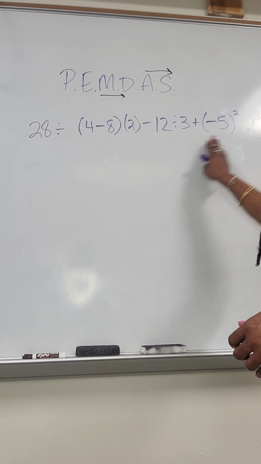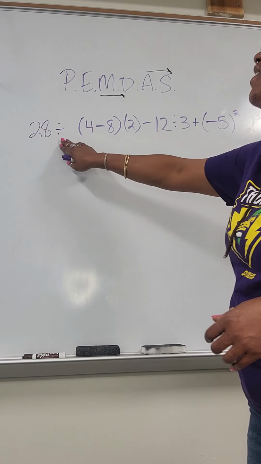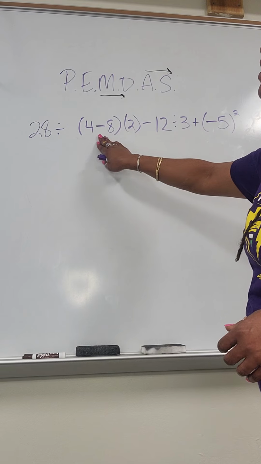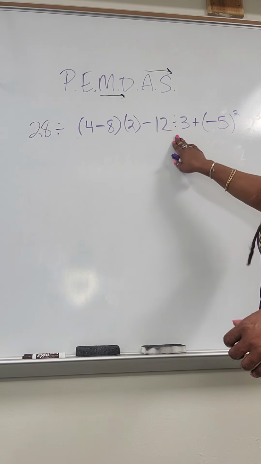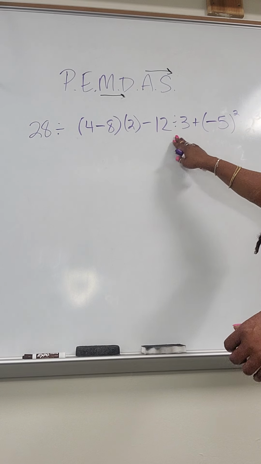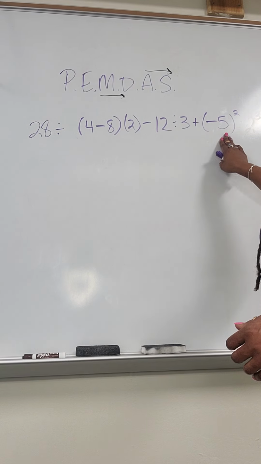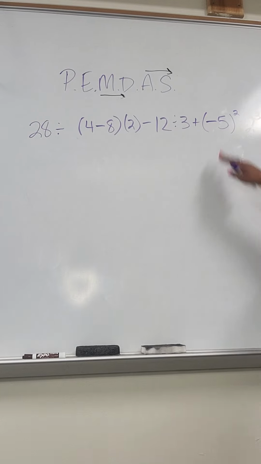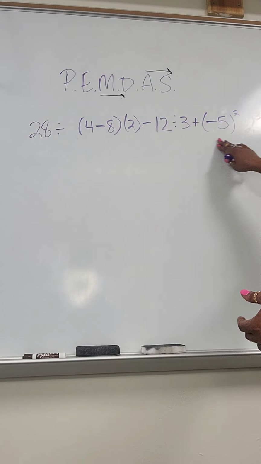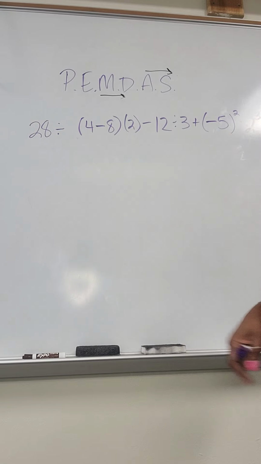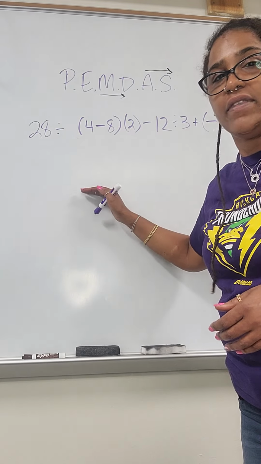Did you catch that? 28 is divided by 4 minus 8 times 2 minus 12 divided by 3 plus -5 squared. So we look at parentheses. Where do we see some evaluation? Right there, right? So we bring everything else down.